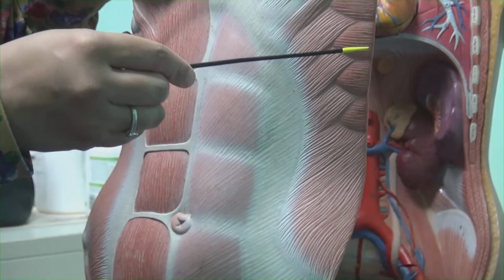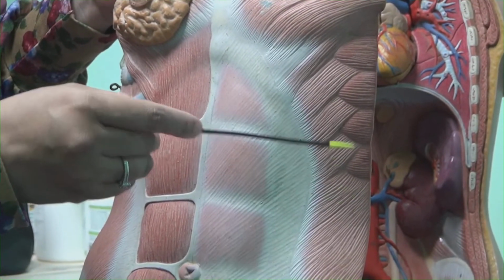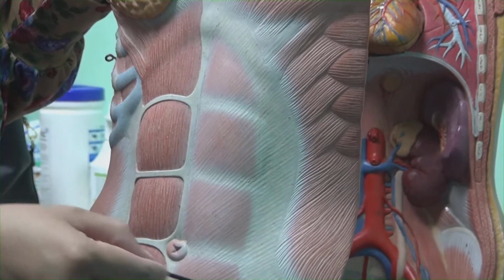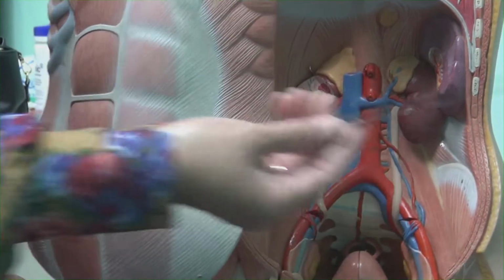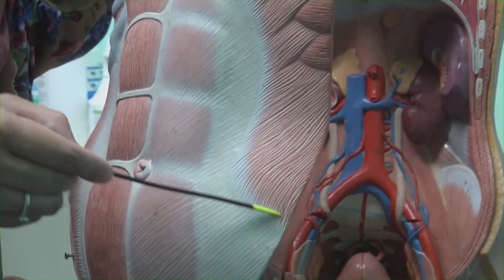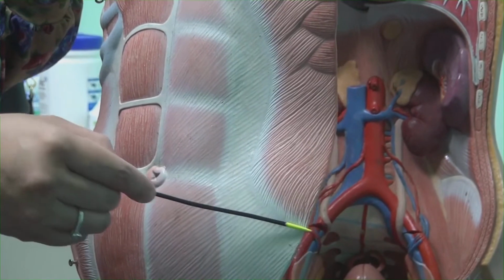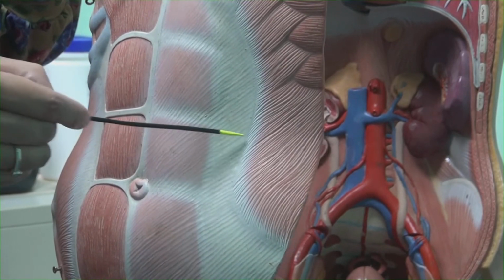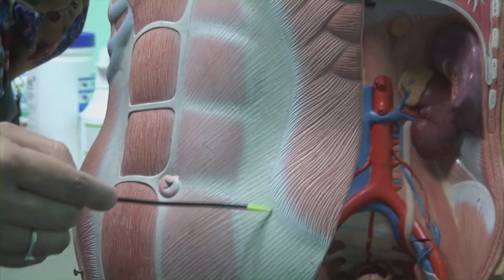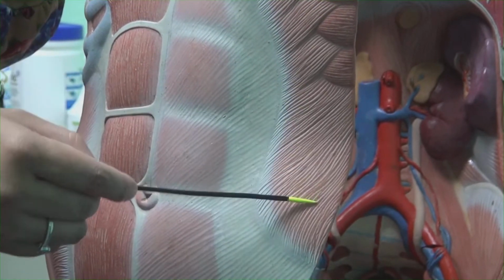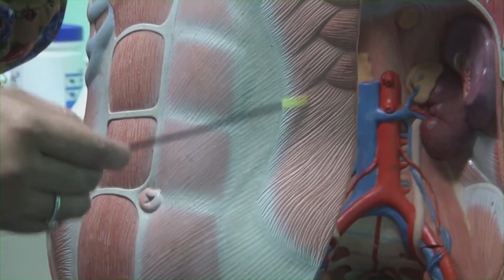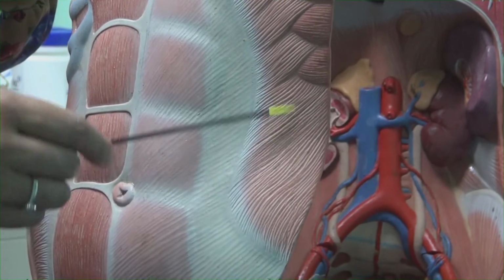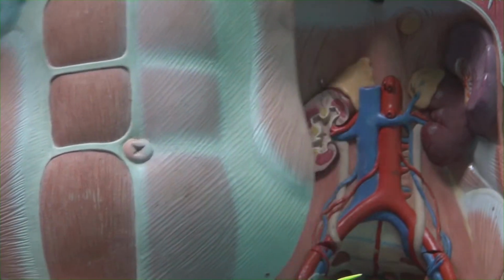It is attached down here, again I cannot show you, at the anterior two-thirds of the outer lip of the iliac crest, and also to its own aponeurosis, the external oblique aponeurosis. For innervation, you can look in your lecture notes. Basically, it is from T7 to T12, the intercostal and subcostal nerves.